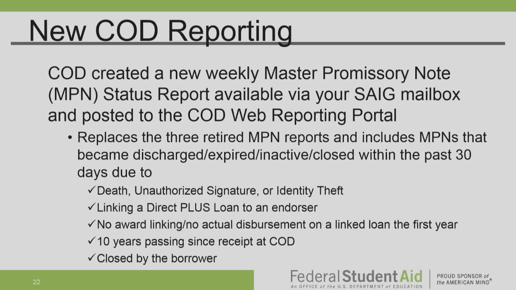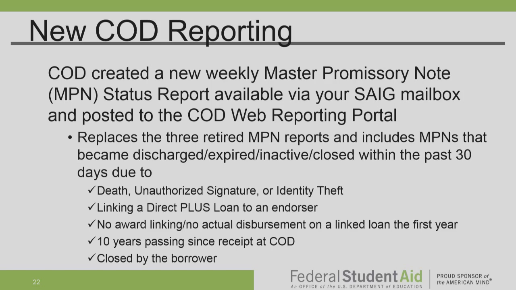Remember that the master promissory note submitted to COD is good for 1 year or 10 years as long as there is an actual disbursement on the loan linked to that MPN within the first 12 months of receipt at COD. If no award links to it, no disbursements are made on it in that first 12 months, that MPN also goes inactive automatically. Okay? That's another reason up there.